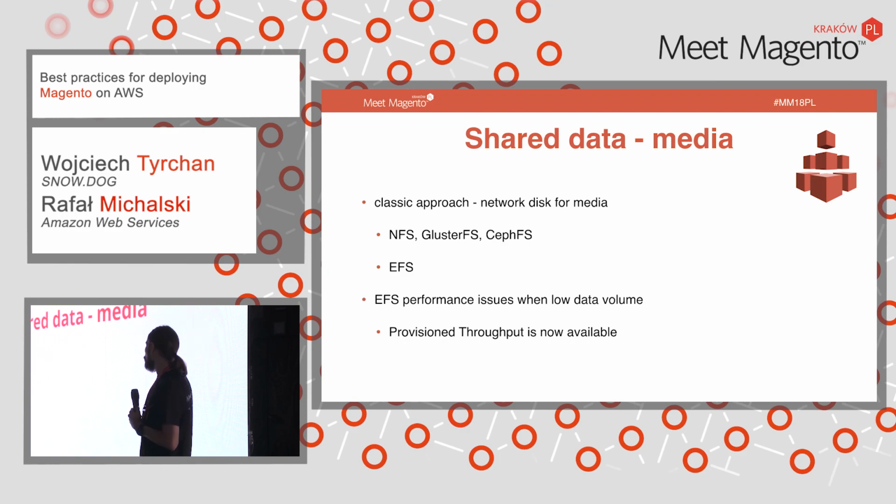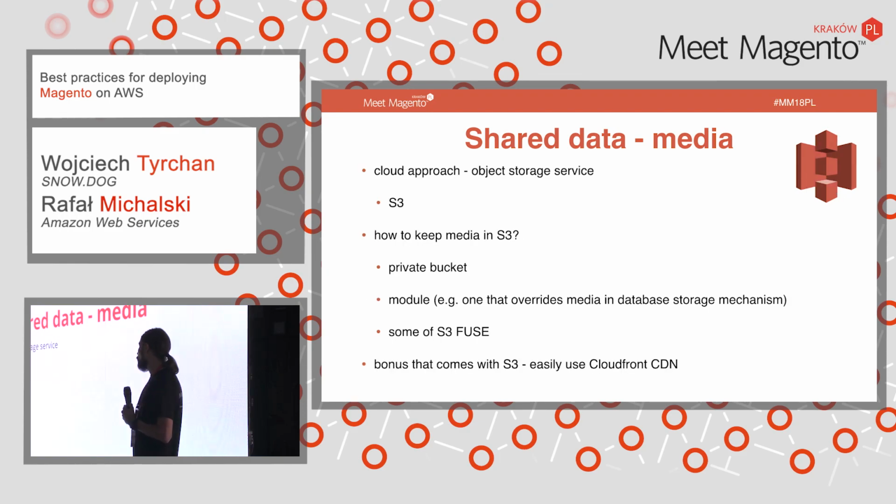There is also the other approach, I call it the API approach: an object storage service. Amazon has S3. How to keep media in S3? Well, you definitely want to keep it in private buckets. The transfer is inside the AWS network.